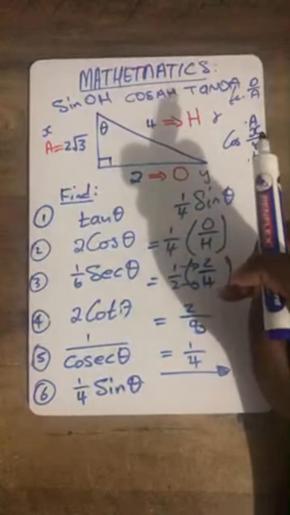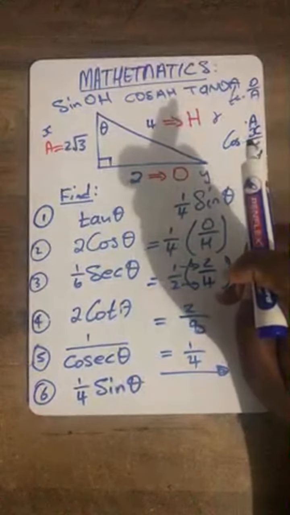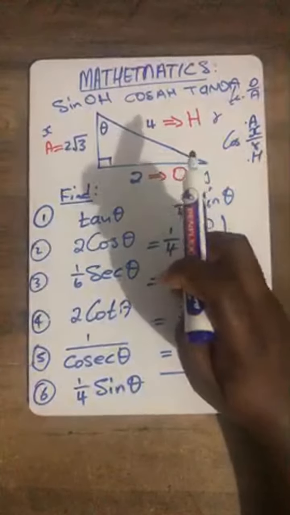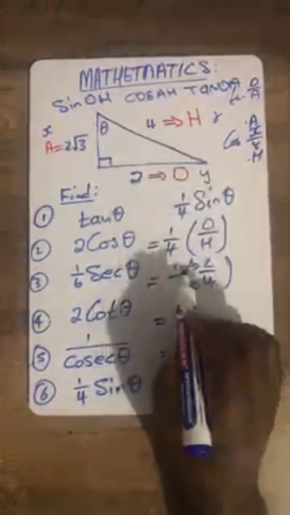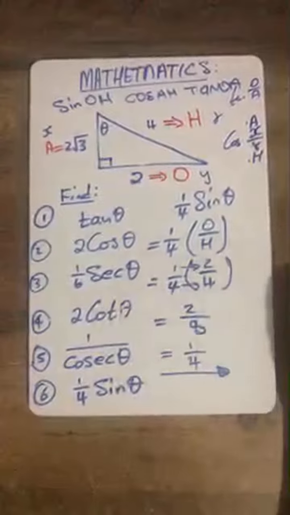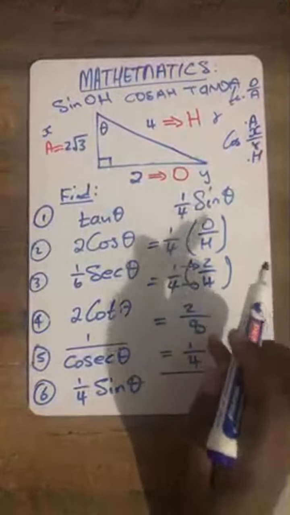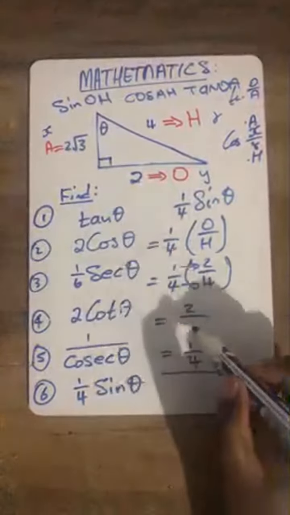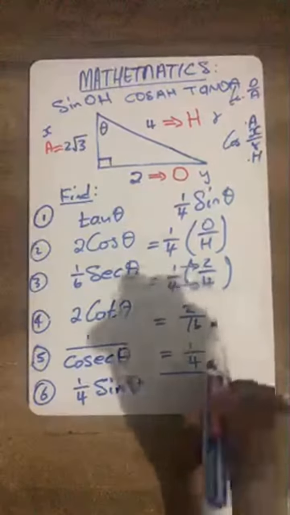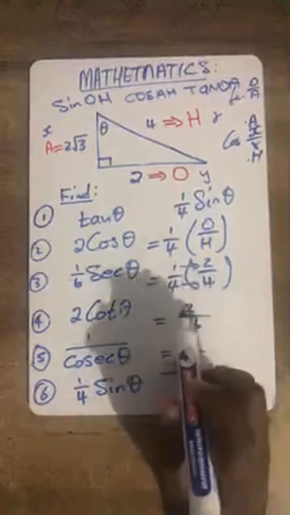Oh, yes. It seems like I'm the one who made a mistake there. It's not 1 over 2, but it's 1 over 4. And then it makes that by that to be 16. So can you guys see?